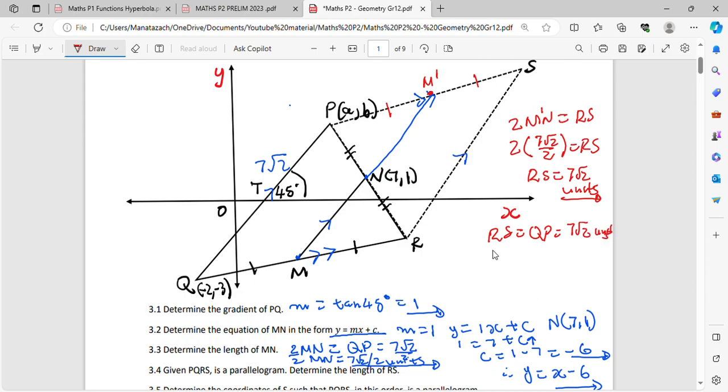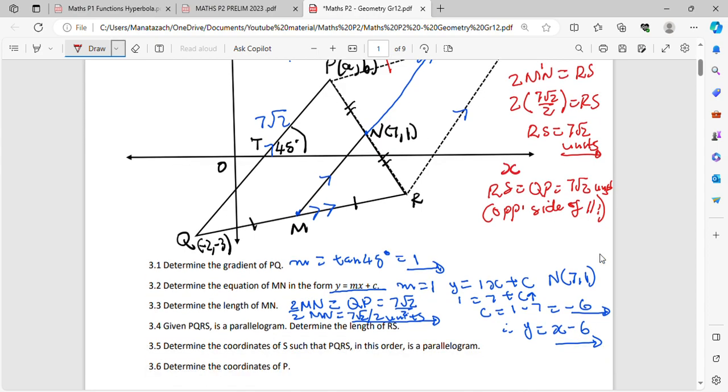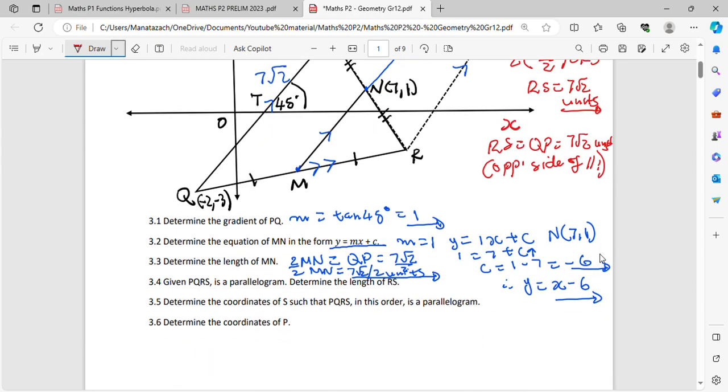The reason for that is opposing sides of a parallelogram are equal. So that's the easiest way of calculating RS. Now let's write RS here. It is 7√2 units. Let's go to question 5.